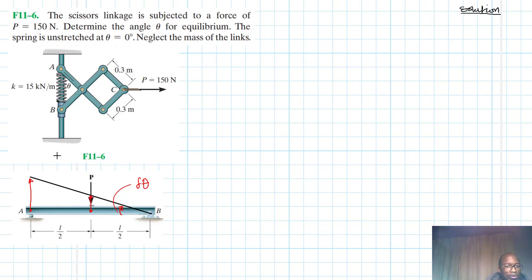Since this whole length here is L, this distance is going to be equal to L del theta, and then this other height here is going to be equal to L over 2, del theta.